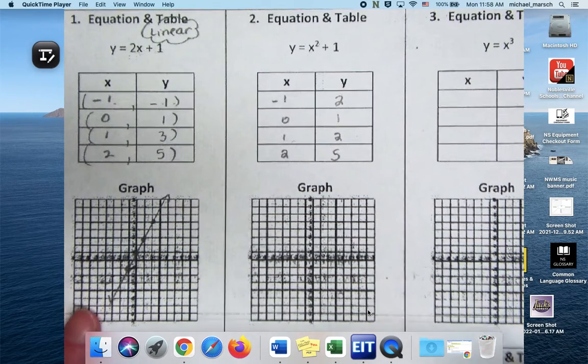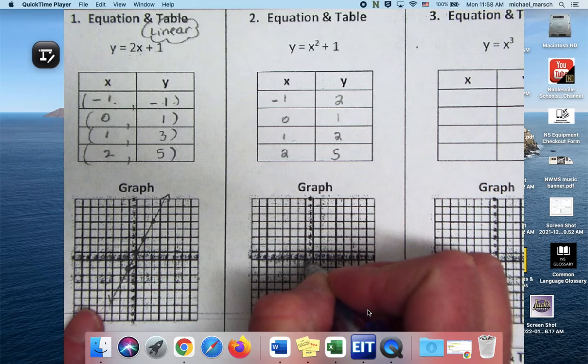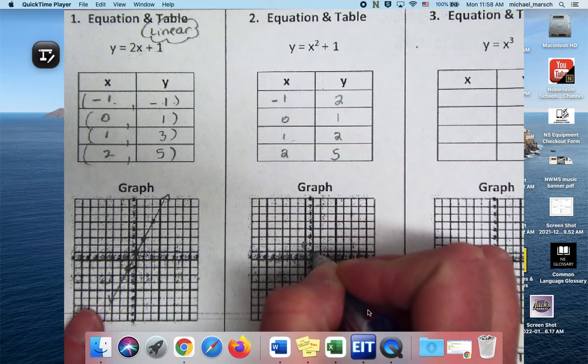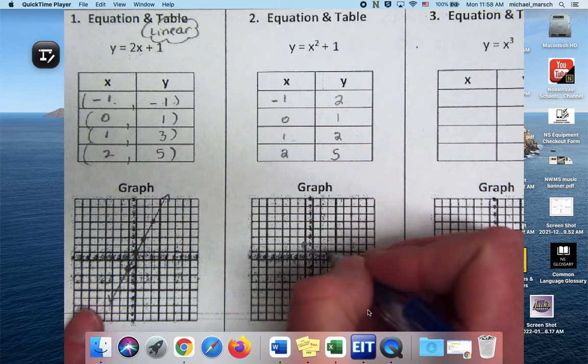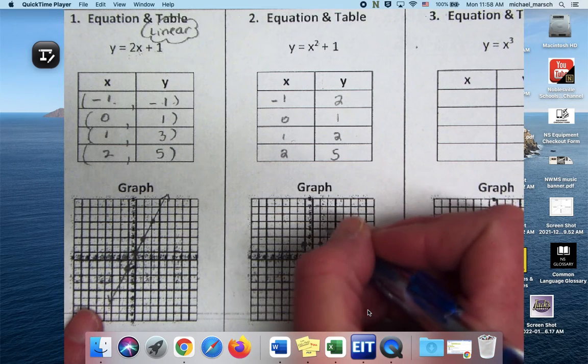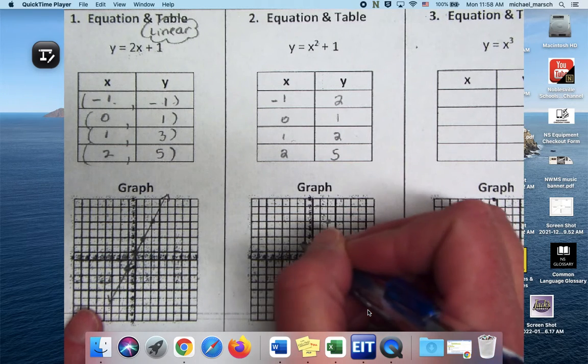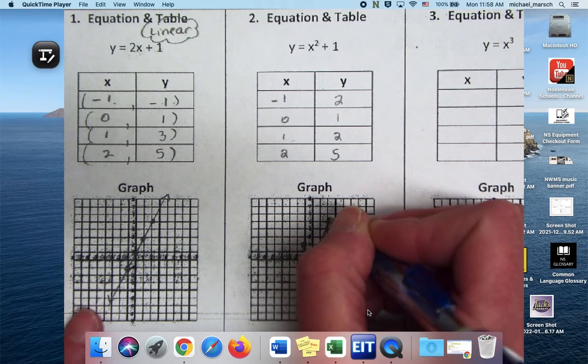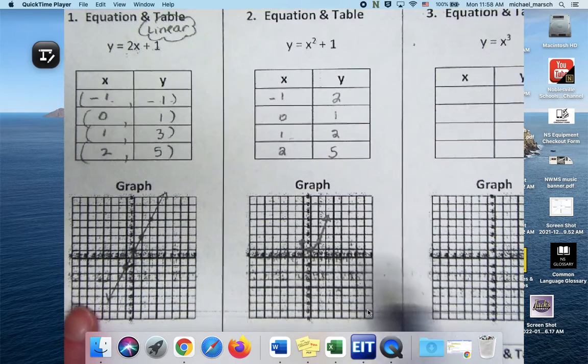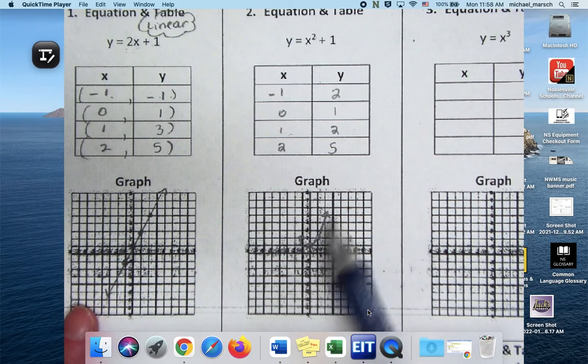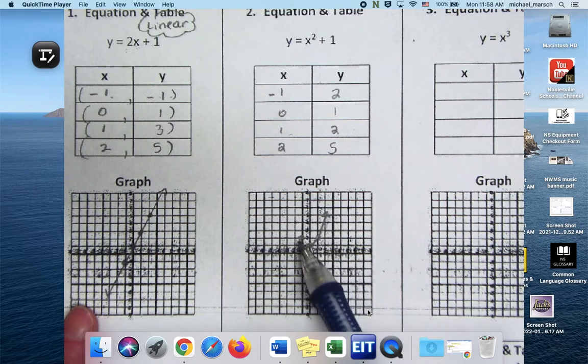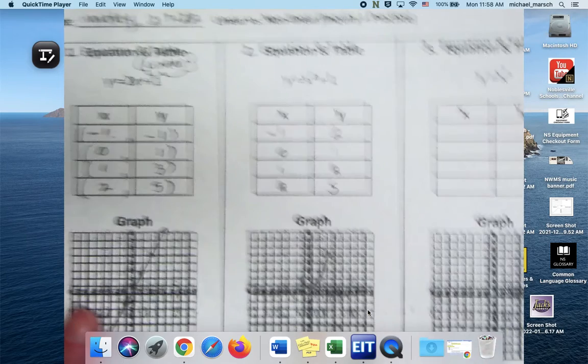5. So now when I graph this, -1, 2, 0, 1, 1, 2, and 2, 5 again, I get what looks kind of like a fish hook, right? Kind of curves like this. Do we have a linear or nonlinear graph? Nonlinear.